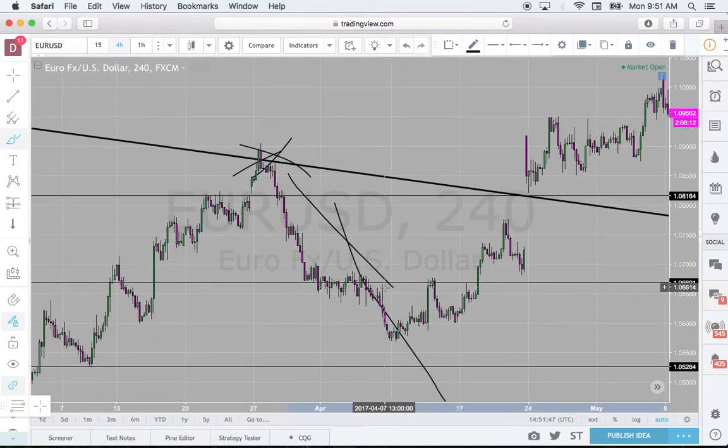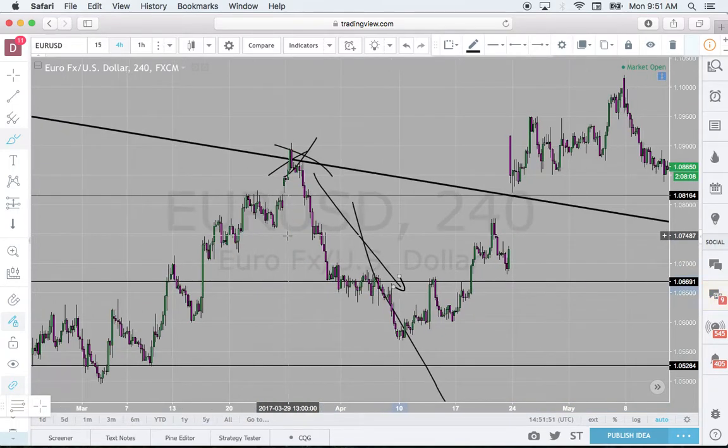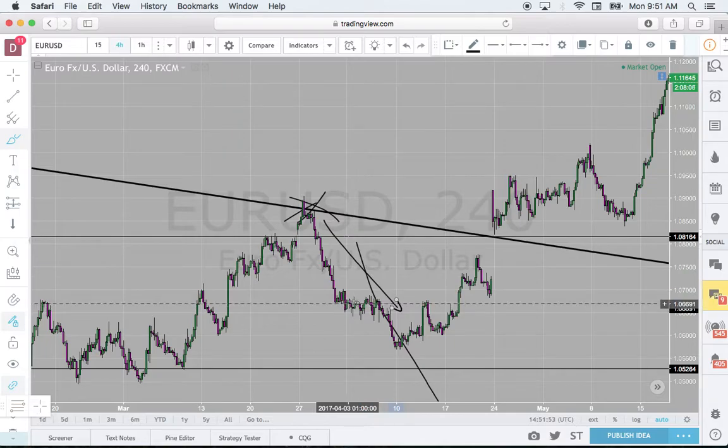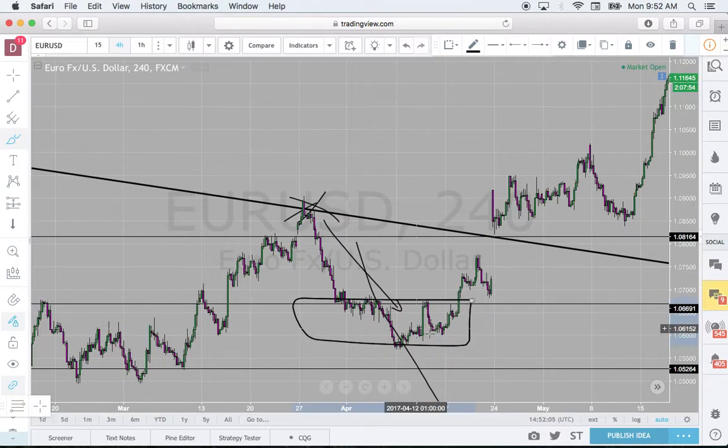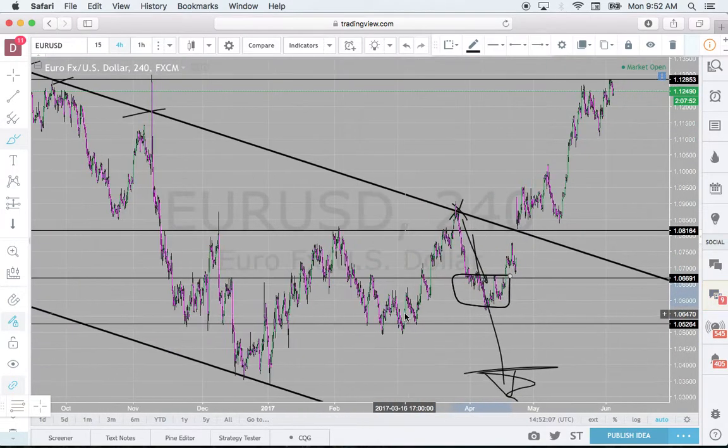What did the dealer do? He showed them profit, and you can see the dealer consolidated here for a bit, as if he was consolidating there for a reason. He consolidated right here to get as many people as he could to sell.